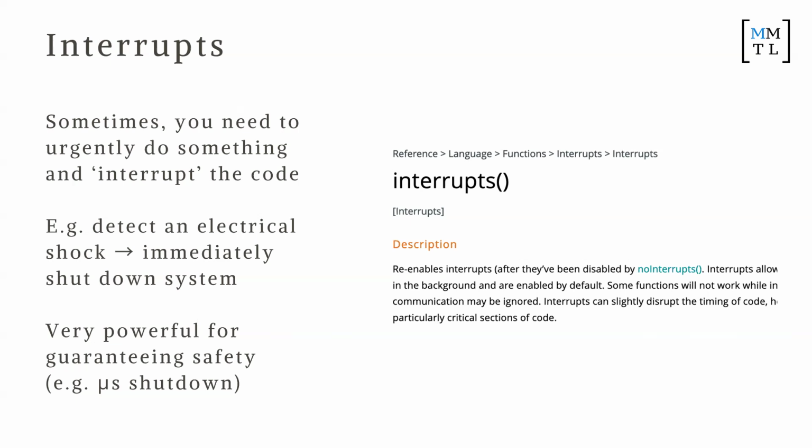I think the rule for medical devices is you need to shut it down within microseconds. Interrupts are a very powerful way to guarantee safety. Arduino has a whole interrupt library that allows you to detect an electrical shock and then shut down the whole system extremely rapidly, thereby potentially saving the patient from electrical shock.